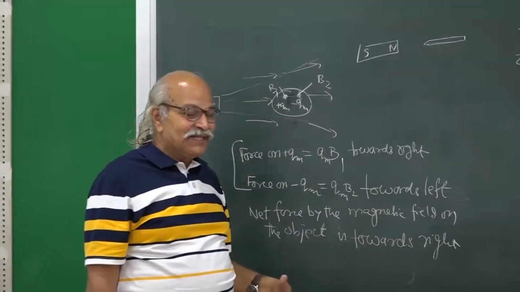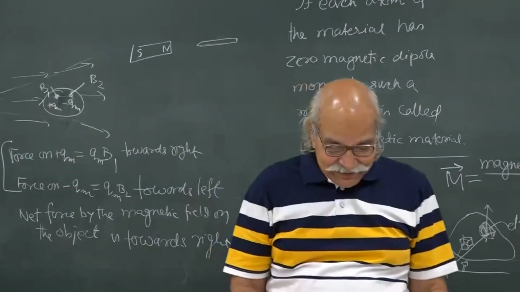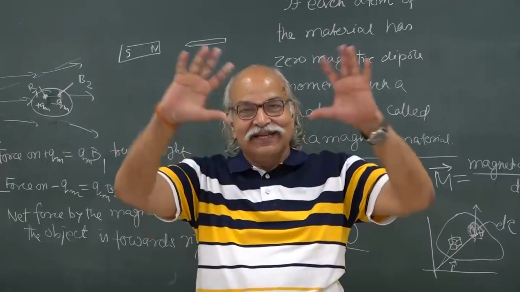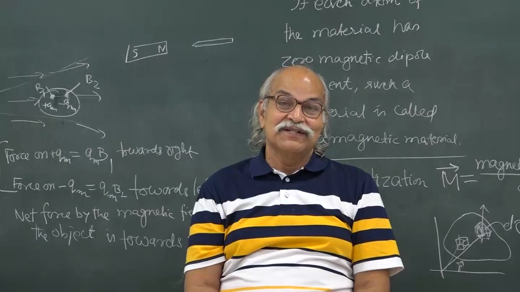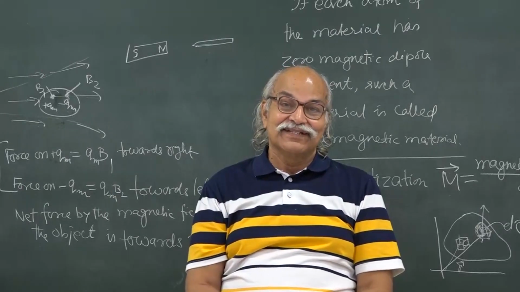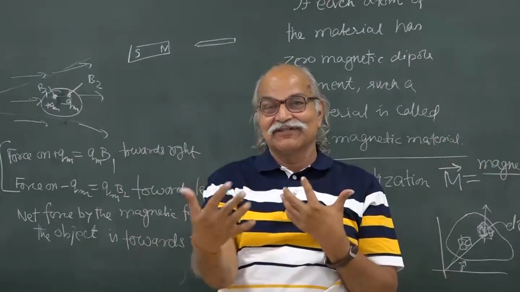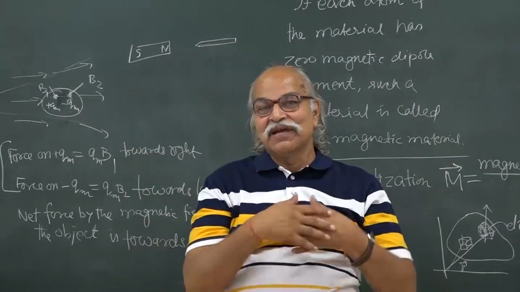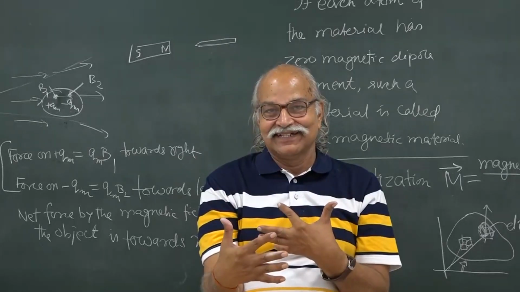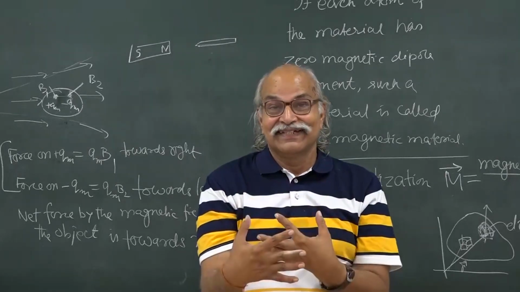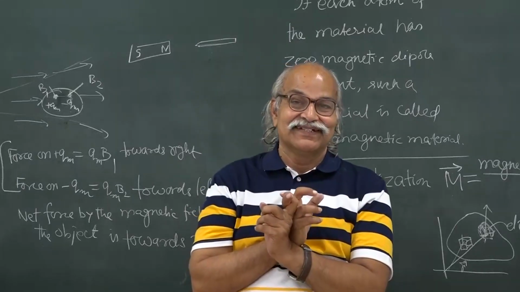So, many of the things, or rather all the things that we see on the earth's surface, 6,400 kilometers radius, some 70-80% of that is diamagnetic, because water is diamagnetic.